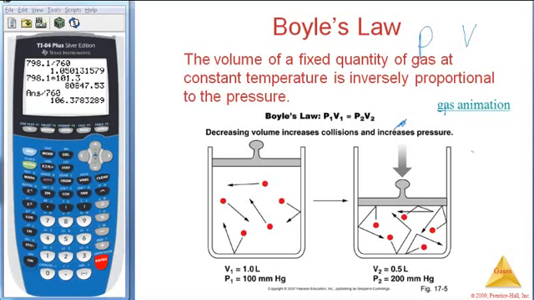What we know is that if I have a gas and I compress it, so I have the same number of particles moving at the same speed, they're going to make more collisions with the side of the container, and if they make more collisions, the pressure will go up. So as volume goes up, pressure goes down, or as volume goes down, pressure goes up, as we would expect.